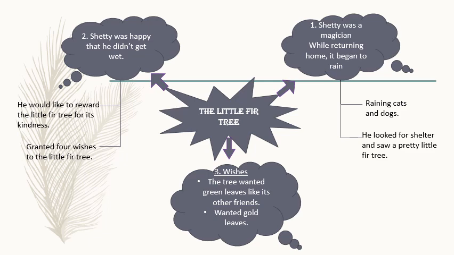But something went wrong, and what was that? A goat came and ate all its green leaves. So the tree made the second wish. And what was that? Now it wanted gold leaves, so that the goat cannot eat them.